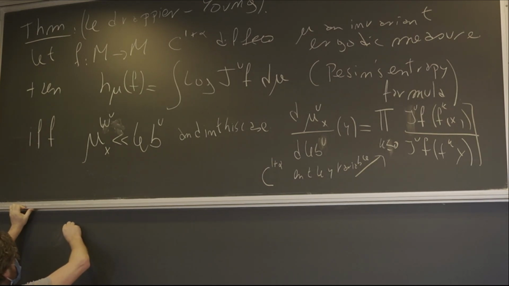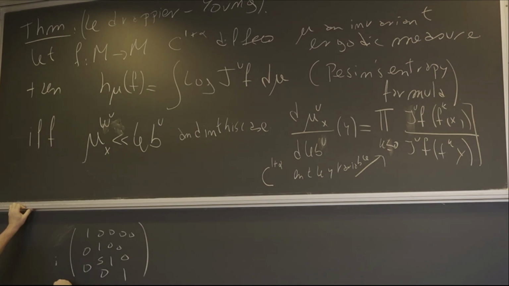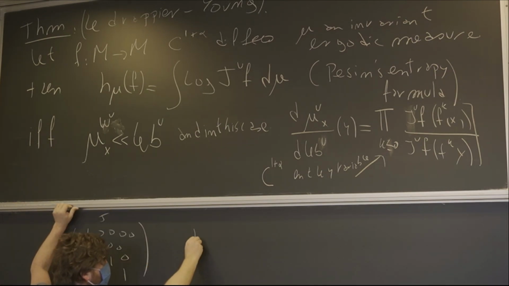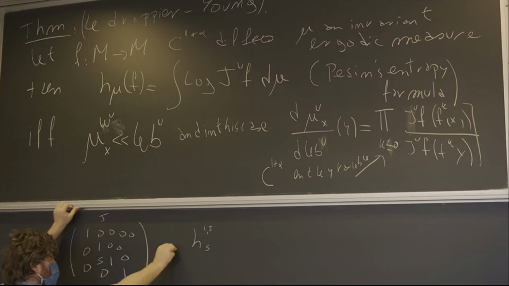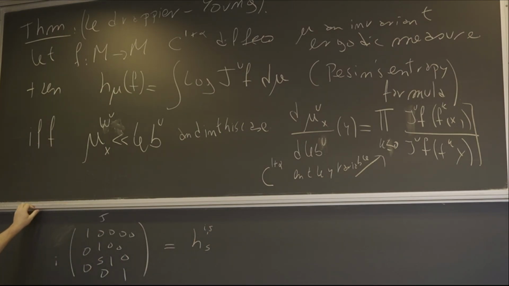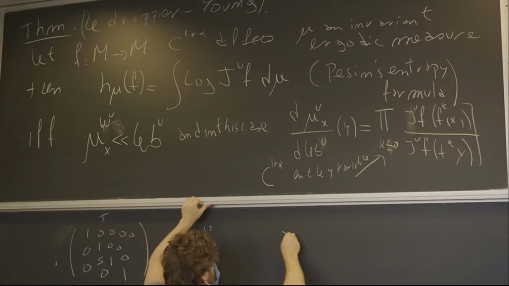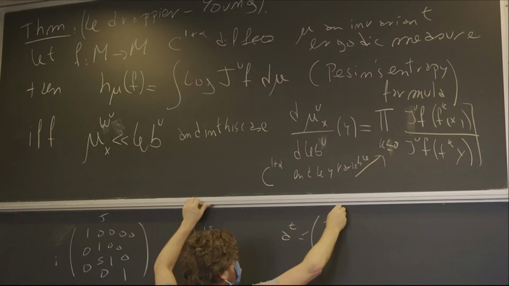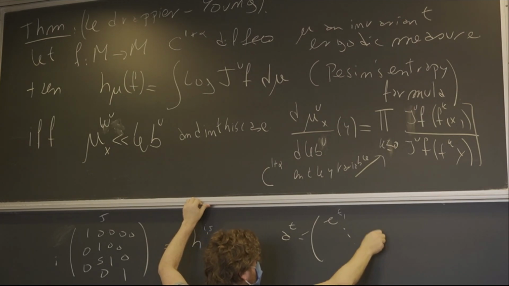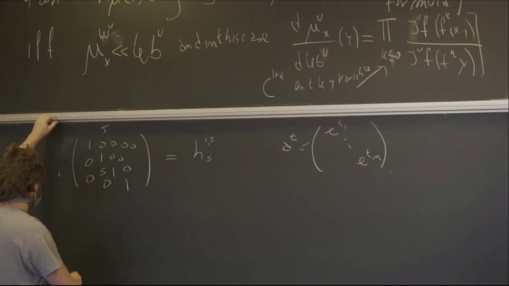So remember that case where I have, let's say, one S direction here in the ij direction, and we have our dynamics a^t, e^{t_1}, ..., e^{t_n}, and we have an invariant measure mu.